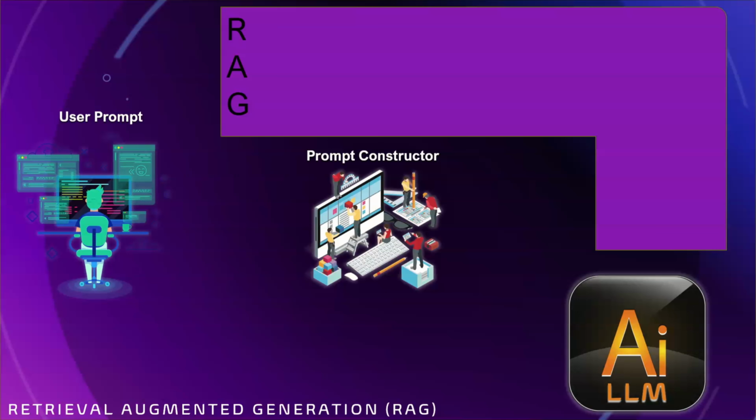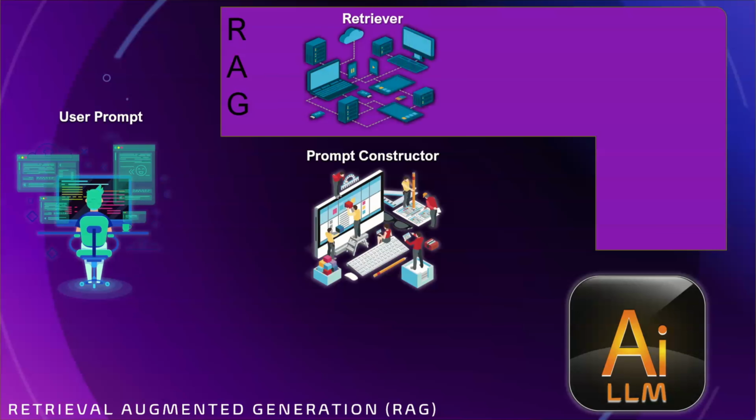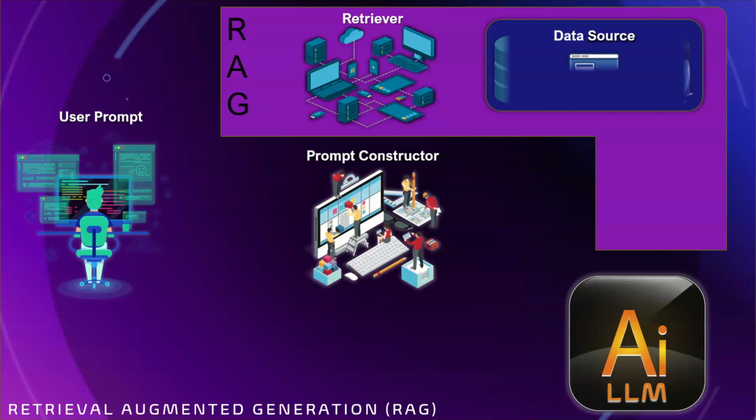Let's check what the RAG system itself consists of. It consists of the retriever. The retriever processes the user prompt, performs a semantic or keyword-based search, extracts relevant documents, ranks them, and filters useful information, often using AI models for vector-based embedding. Then we have data sources.